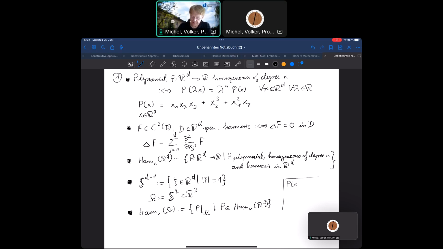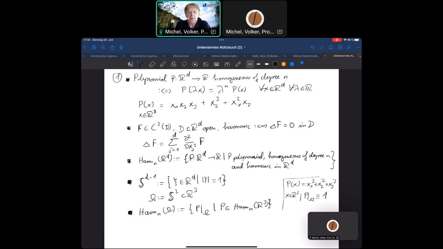P of x for x in R3, let's say this is x1 squared plus x2 squared plus x3 squared. That's obviously homogeneous of degree 2 because every summand has degree 2. But if you restrict it to the unit sphere, well, that's the Euclidean norm squared, what this polynomial is. If you restrict it to the unit sphere, it's constant. It's 1. So it would be a polynomial of degree 0.